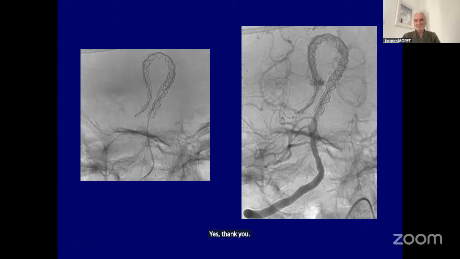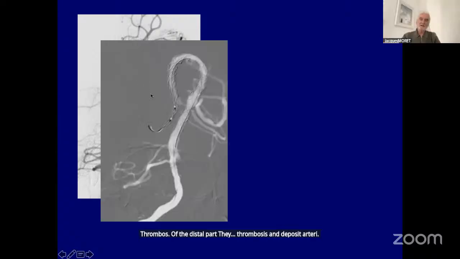Look at that. After placing this Leo stent, thrombus of the distal part and thrombus in the posterior cerebral artery. But you didn't do angioplasty? Ah, yes, you did angioplasty.